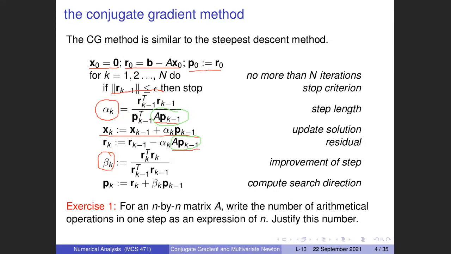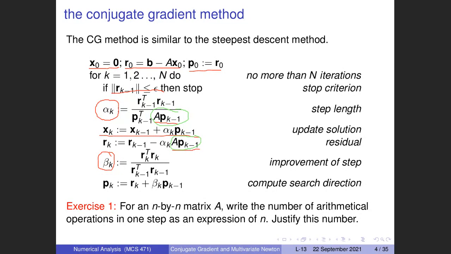My mathematical description does not use a separate variable for the A times p sub k minus 1, but you could say that you do this only once. So in every step, as it is written now, we do two matrix vector applications. So the cost of every step is therefore at least quadratic in the dimension.